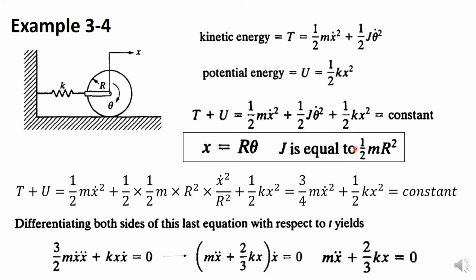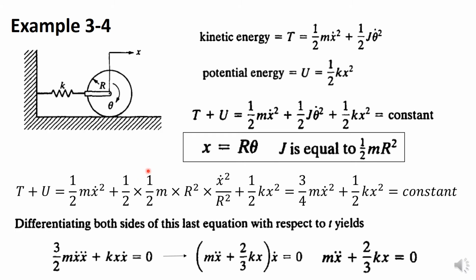Okay? And J will be equal to 1/2 m r squared, because it is a cylinder. So we can replace the J, and theta dot becomes x dot over r.